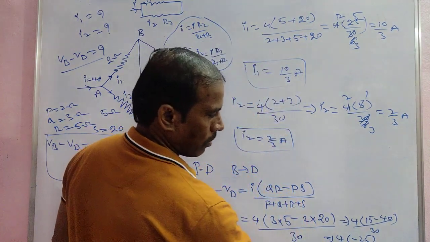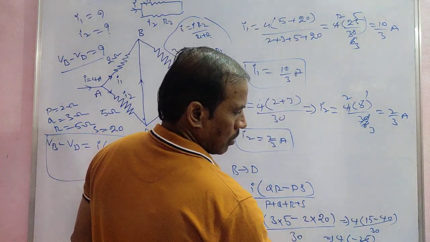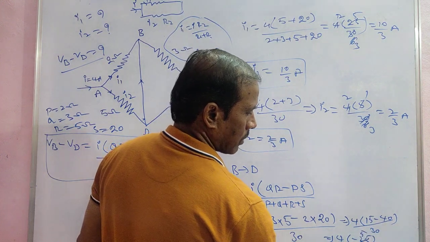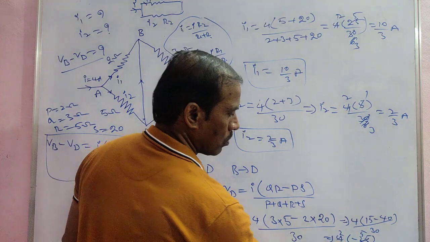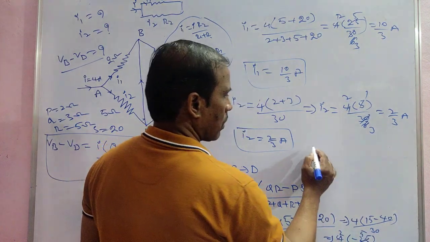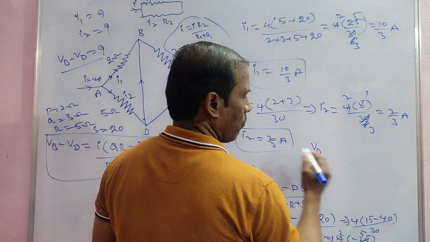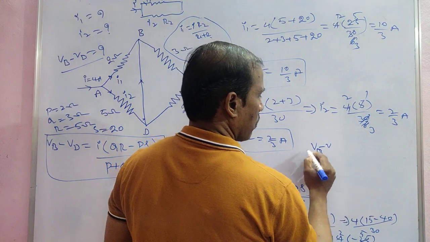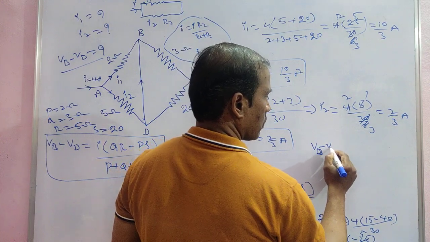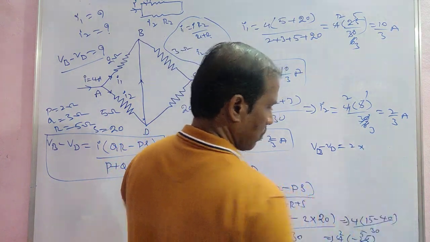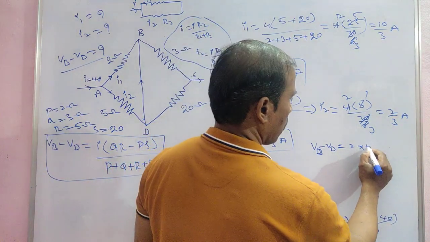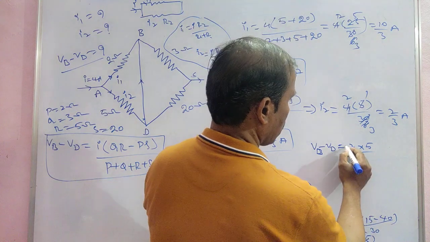Simplifying, so the potential difference VB minus VD is equal to 2 into 5 by 3.